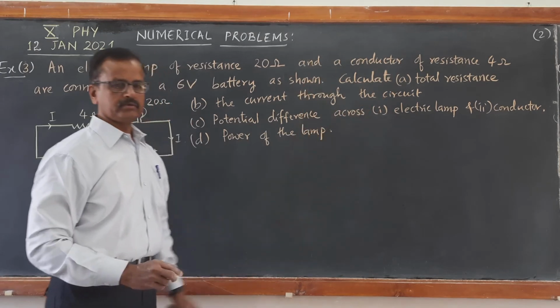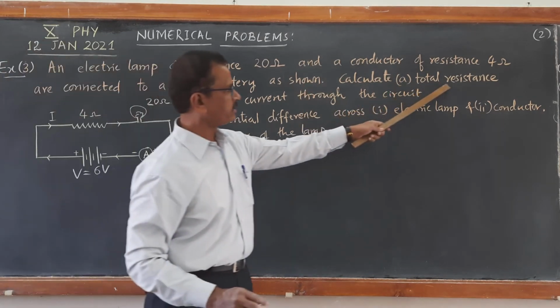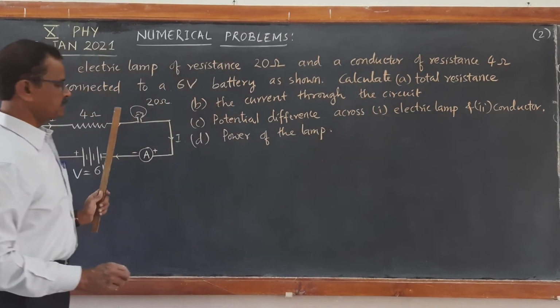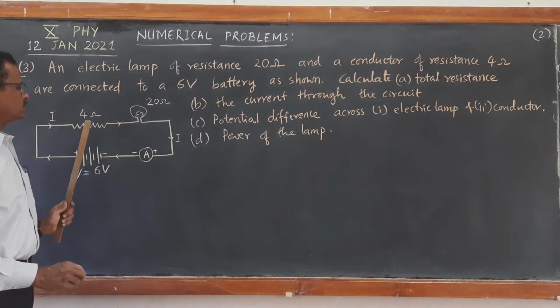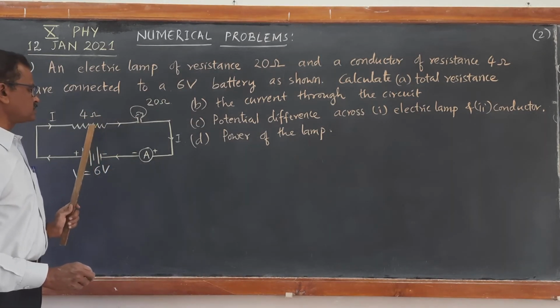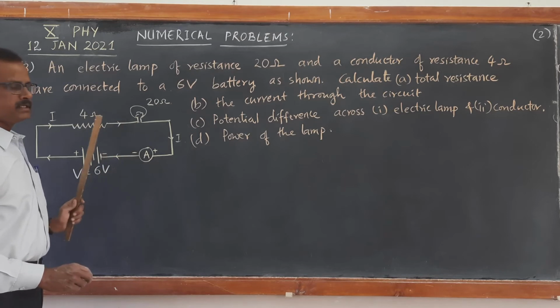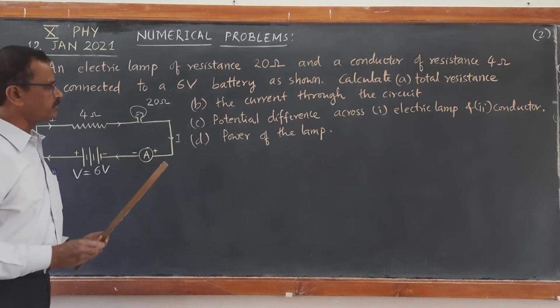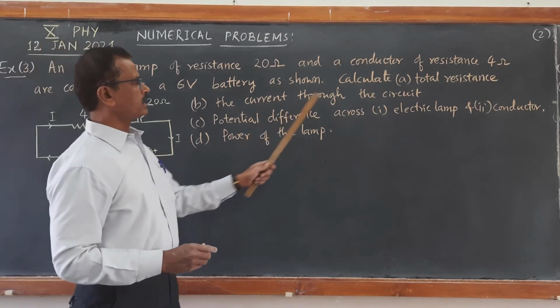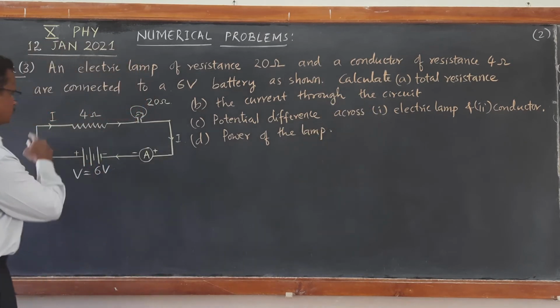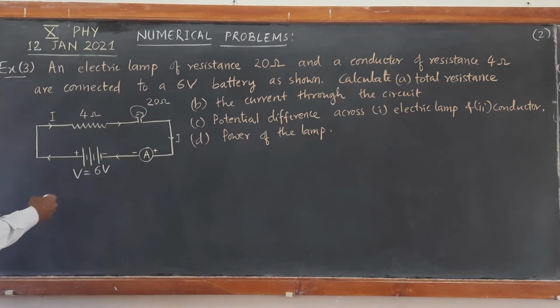Now calculate the total resistance of this circuit. It's very simple now. Both are in series. Therefore, total resistance becomes R1 plus R2, that is 4 plus 20, it becomes 24. Then the total current through the circuit. What is the total current through the circuit? So voltage divided by total resistance.